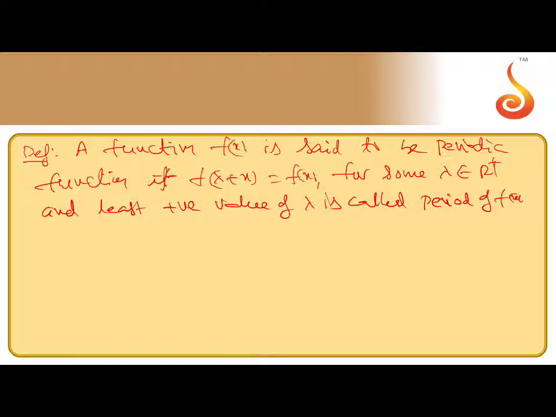That means for a positive number lambda, f of lambda plus x equals f of x, we say that f of x is a periodic function, and the least positive value of lambda is called the period of the function. There are so many values of lambda with f of lambda plus x equal to f of x. Among those values, the smallest value we take as the period of the function.